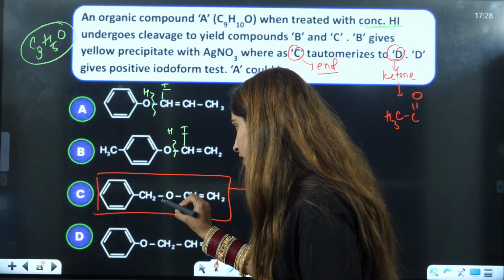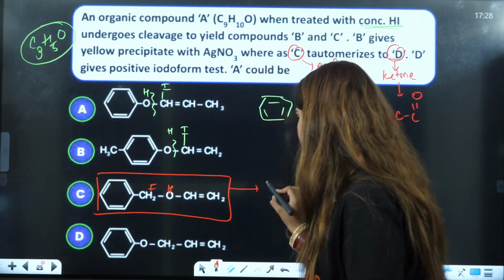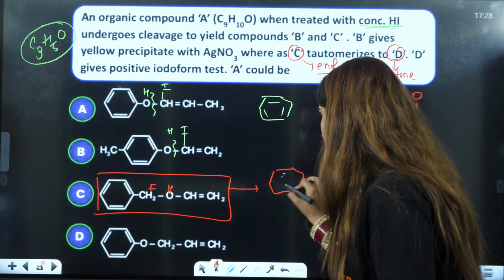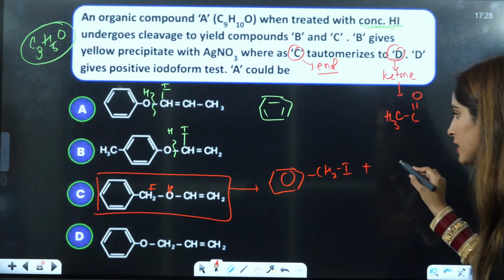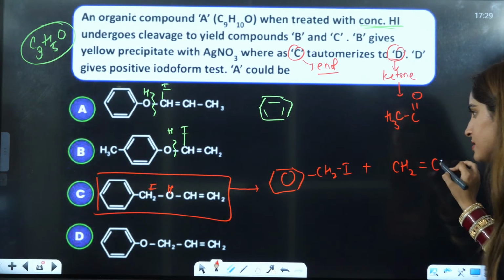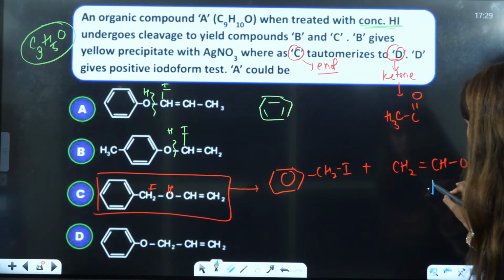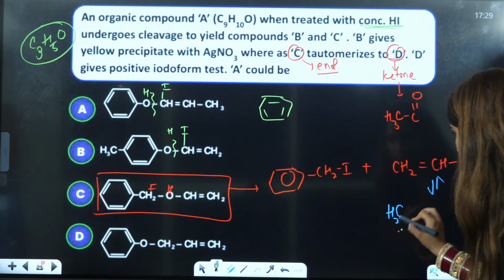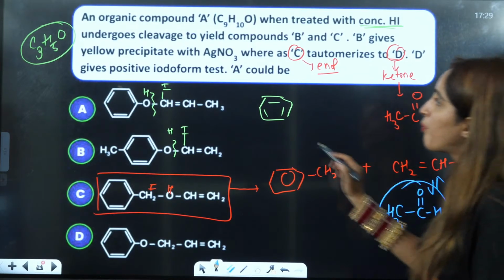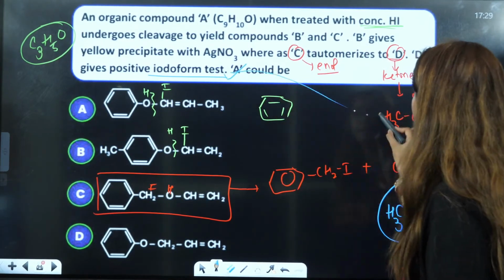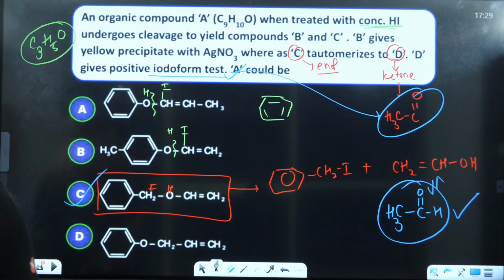So H will be here, H will be over here, and I will be here. It will be a benzene ring, which is CH2I, plus this is CH2 double bond CH single bond OH, which is definitely an enol. This is going to tautomerize into CH3 C double bond O and H. That is definitely going to show a positive iodoform test because it has this kind of group. That means C is the correct answer.